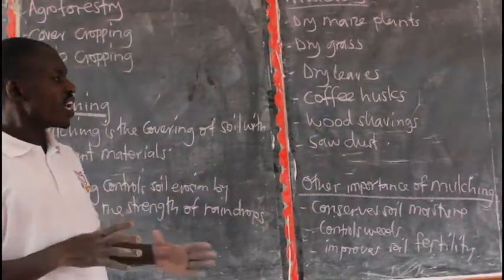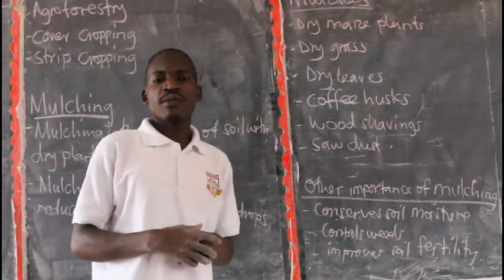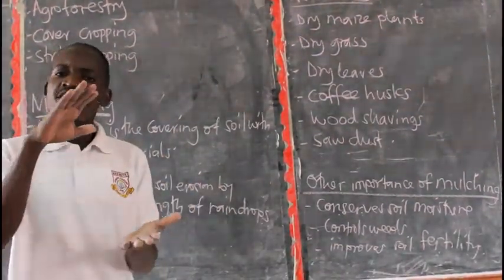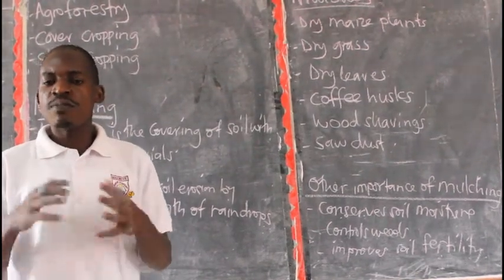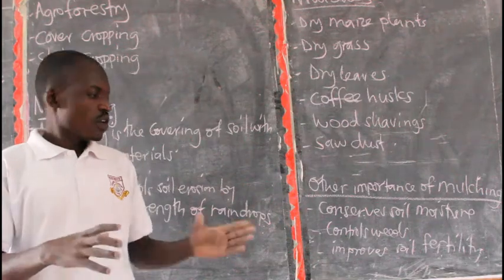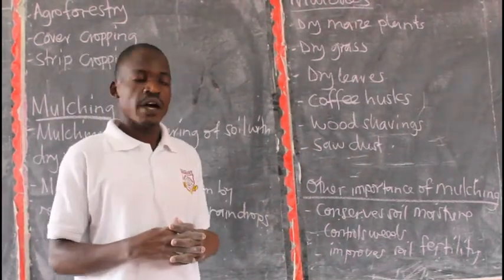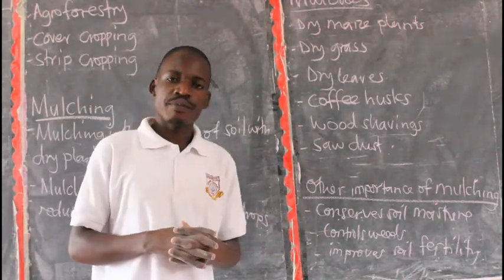When you mulch the garden using these materials, one, you are conserving soil moisture. You are maintaining moisture in the soil since mulches reduce the rate of evaporation of water vapor from the soil. Mulching also helps to control weeds.